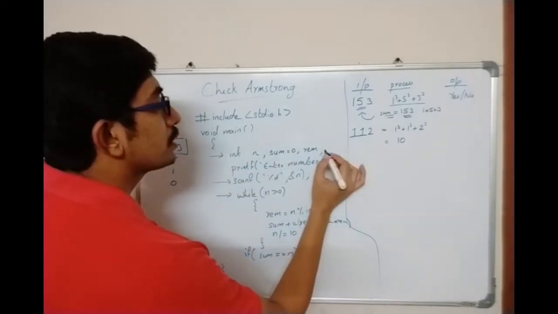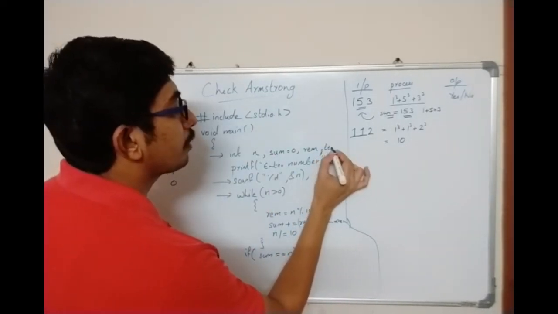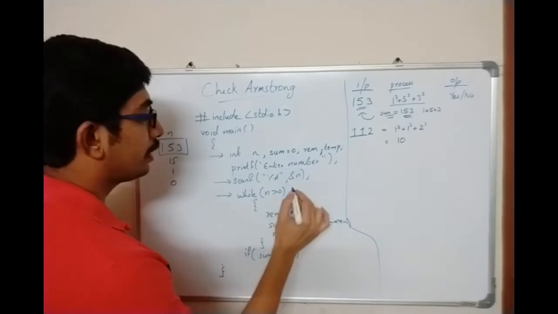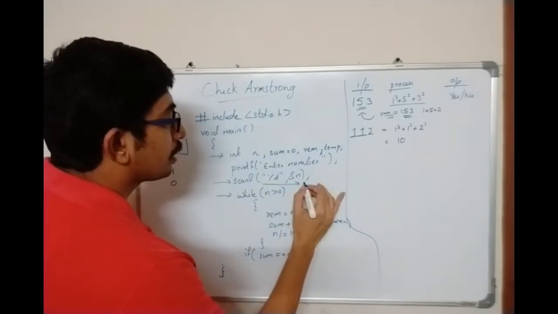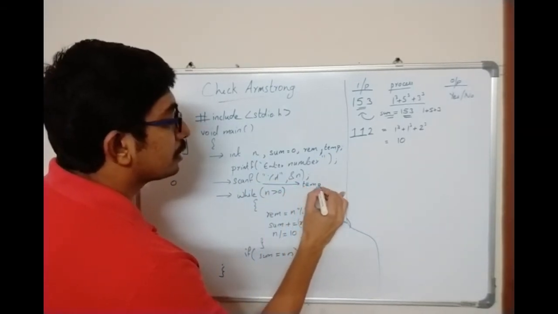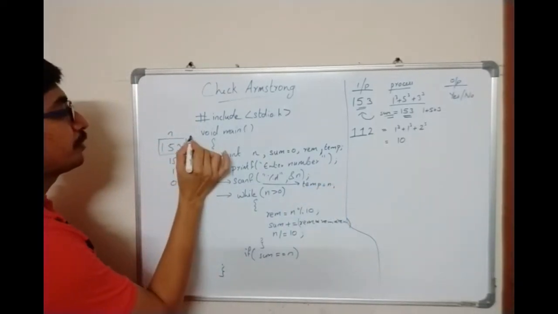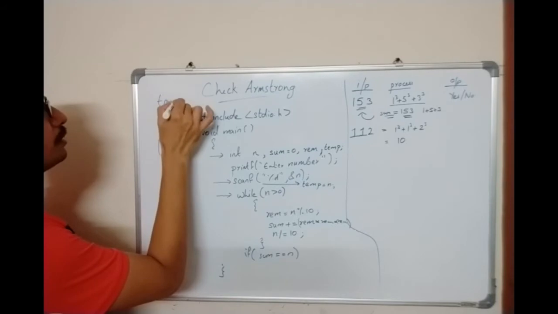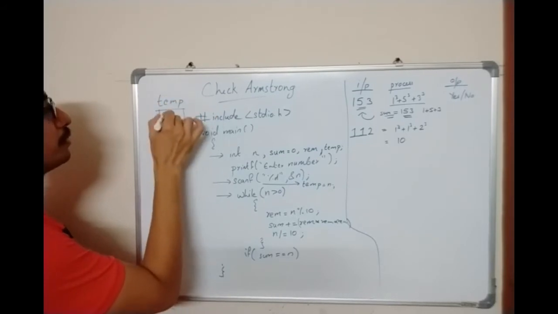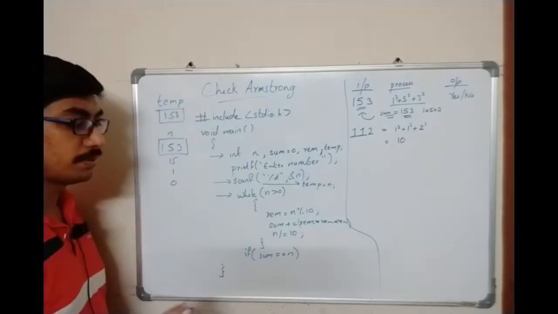So you can introduce a temporary variable over here, and at this point you say temp is equal to n. When n has 153, you keep a copy of that number in a variable called temp.